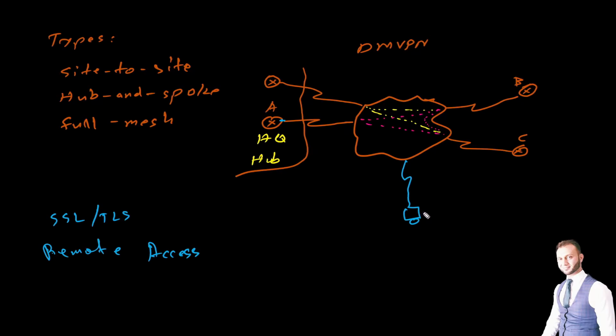So every vendor has its own remote access application that would allow the end users to access the headquarter portal device, and provide the credentials and then benefit from the internal network resources. So that is the general concept behind VPN. Now let's go ahead and configure it.